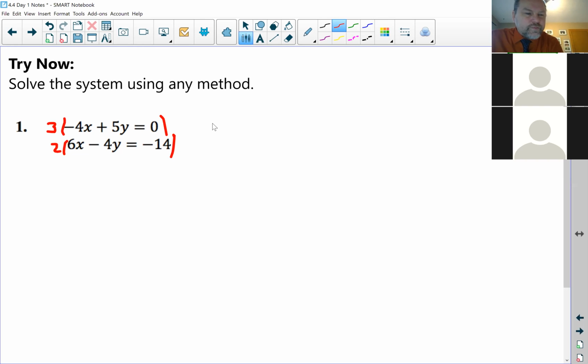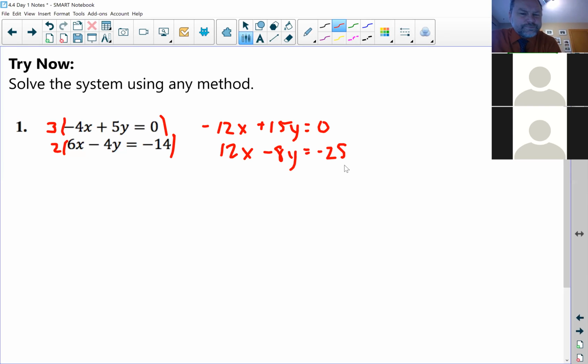So multiplying through by 3. Negative 12x plus 15y equals 0. The bottom equation multiplying through by 2, 12x minus 8y equals negative 28.